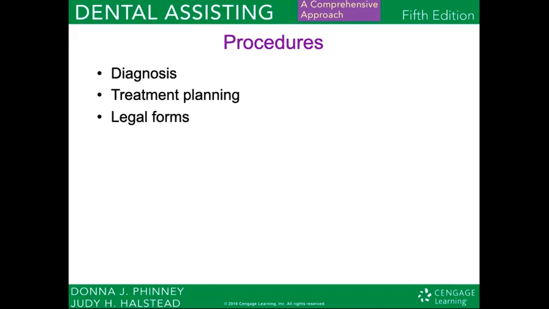Once a plan has been determined and agreed upon, the patient must sign legal documentation agreeing to the procedures. This acknowledges that the patient has been informed of the plan, is aware of the potential outcomes or complications of the plan, and agrees to the plan.